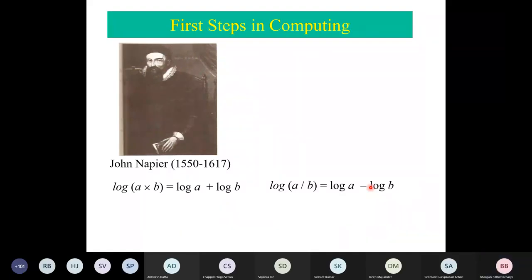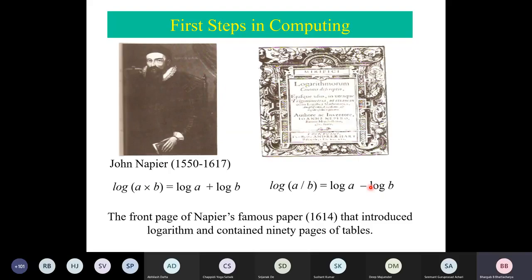So to facilitate computation, people used to have log tables, where given two numbers A and B, you look at the table and find the values of log A and log B. You copy those two numbers, perform addition, and look at the antilog table to compute the antilog of the sum, and you get the product of A and B. And similarly division.